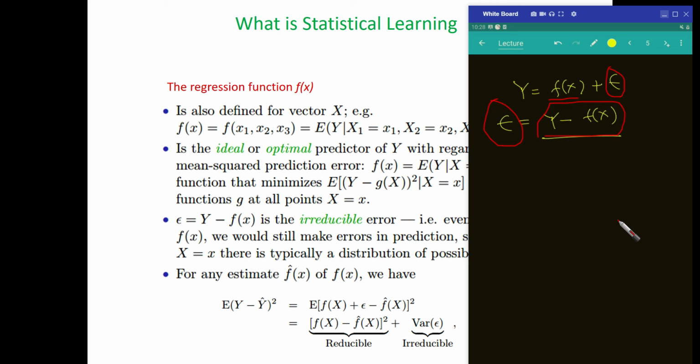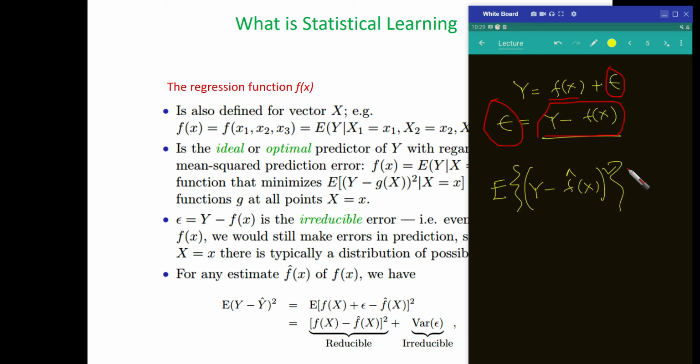Okay, but let's see, this is our y, and this is our predicted value. So this is the error term. If you calculate the expected value of this error term and take the square of it, it is better to take the squared error.